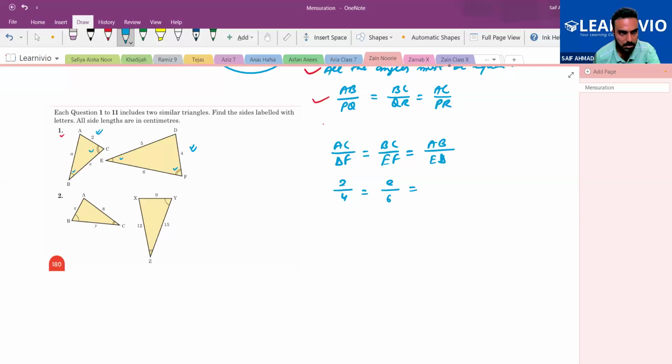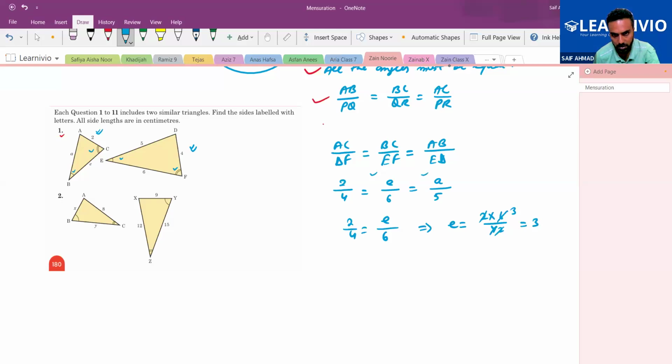AB is given as A and ED is given as 5. By putting these two equal, 2 by 4 equals E by 6, then E will be equal to 2 into 6 by 4, which is 3.